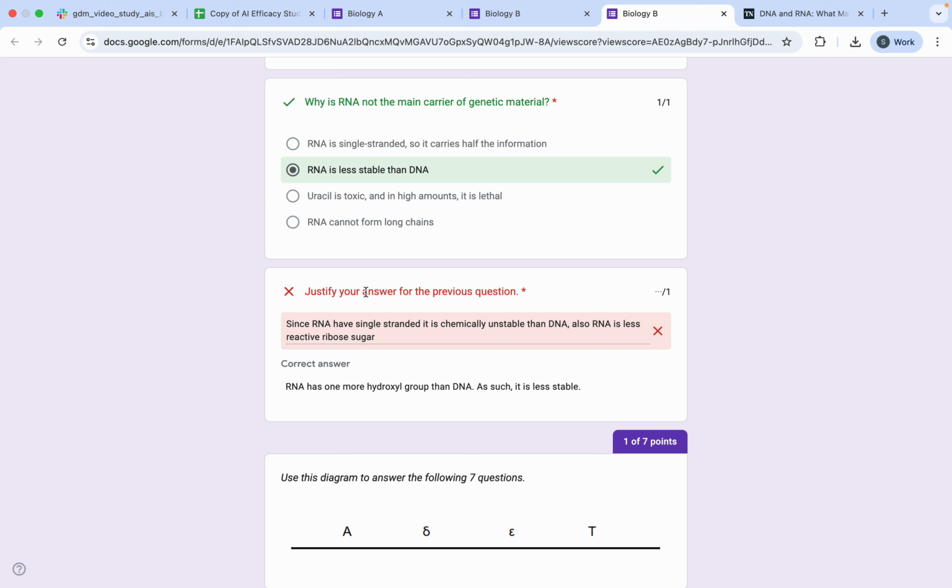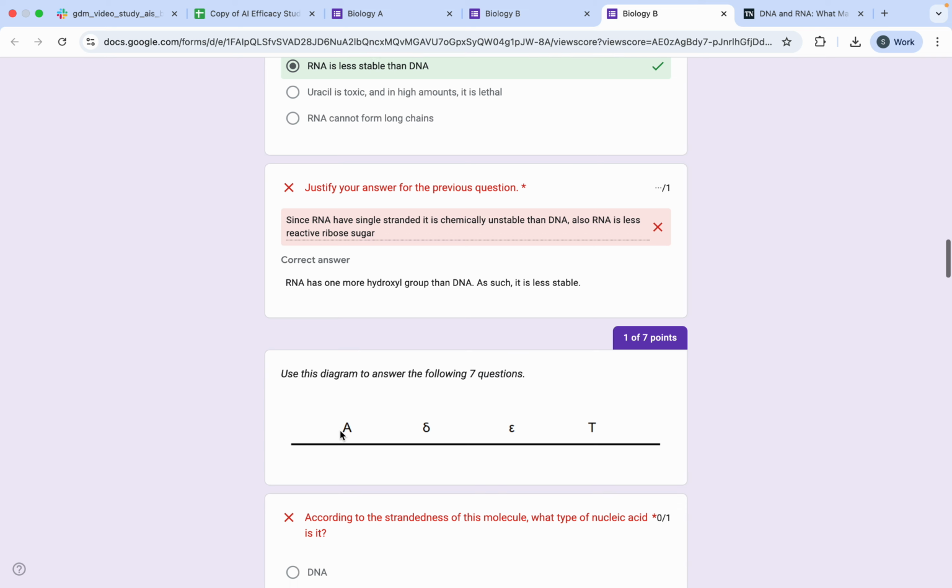RNA has one more hydroxyl group than DNA, so it is less stable. So the reason is that RNA has one more hydroxyl group than DNA, which makes it less stable.